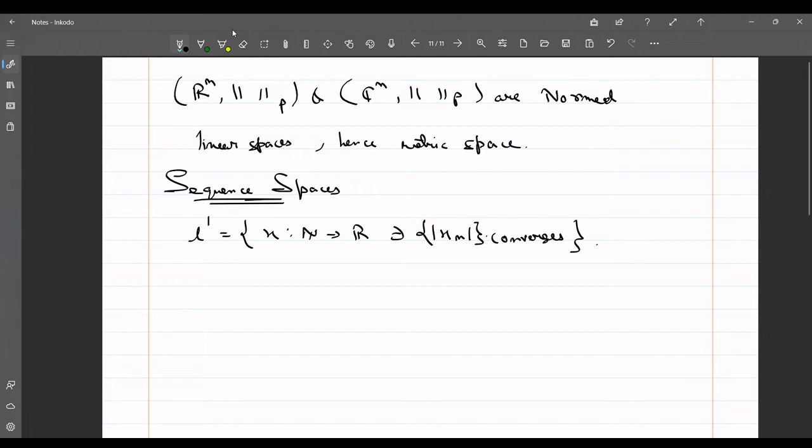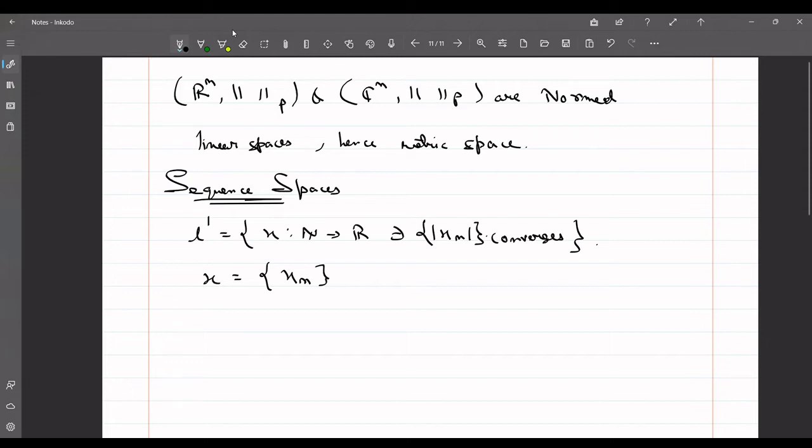So suppose we take a set of sequences. In a similar way as we just did, we try to define a norm on the set of sequences and check whether it is a valid norm or not.